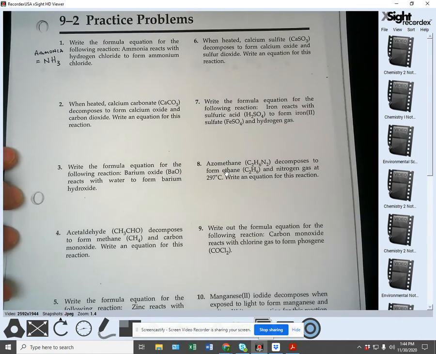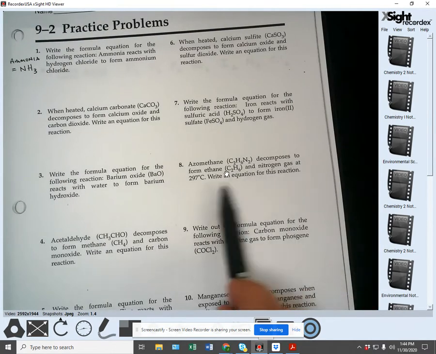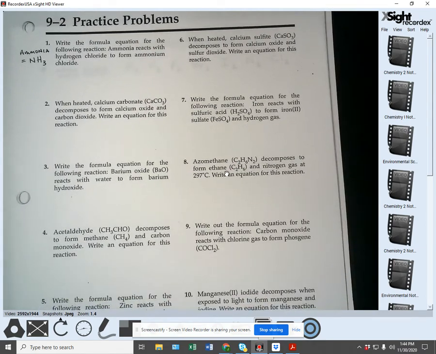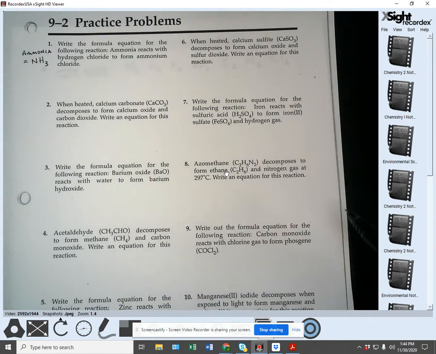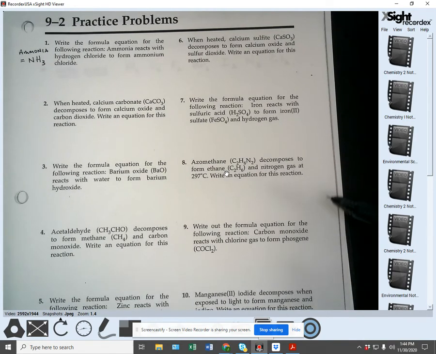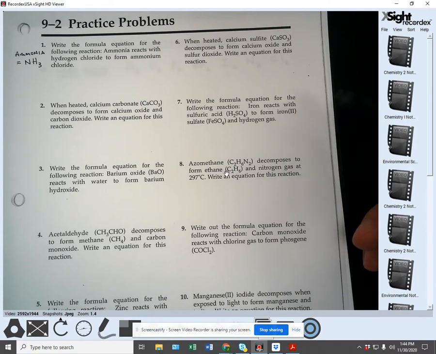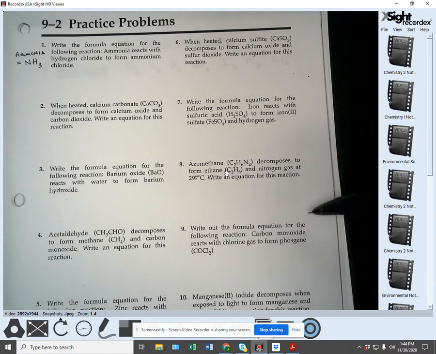Also, when it says something like at 297 degrees Celsius, that doesn't matter either. The degrees Celsius is stuff that doesn't matter. All right, I'm going to do one that's got a bit of stuff to it. They've already done this stuff for you.